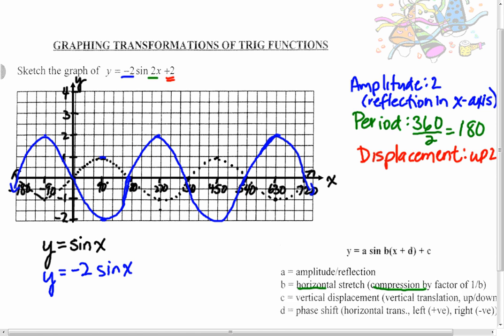The next transformation that we have is the 2x, which is the horizontal compression factor of half, which will change our period. So it will no longer take 360 degrees to complete a cycle, it will take 180. So from our 0, 0, instead of the 360 to go down, back to 0, up to the maximum, back down again, it will take us 180.